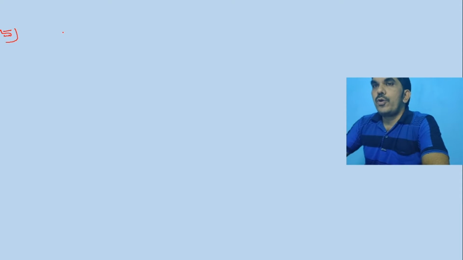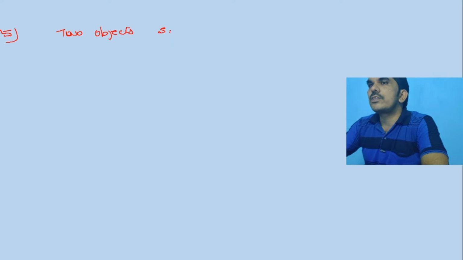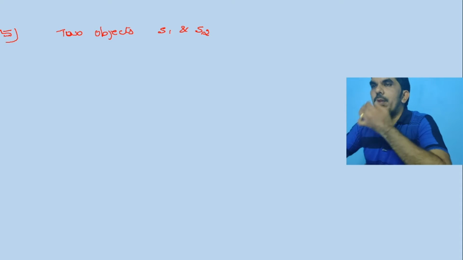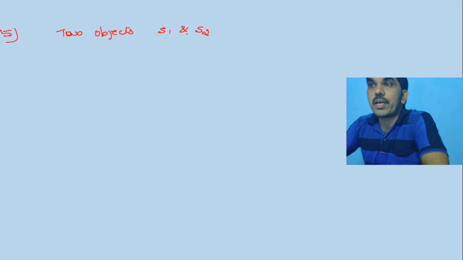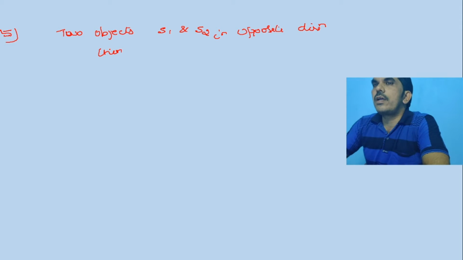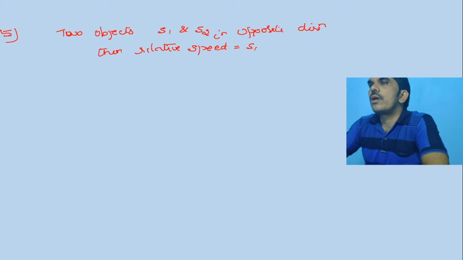Then point number 5. Two objects moving at speeds s1 and s2 in opposite directions, then relative speed equals s1 plus s2.